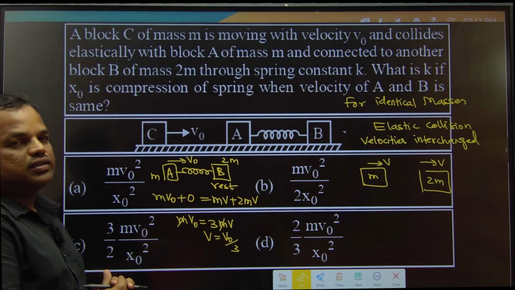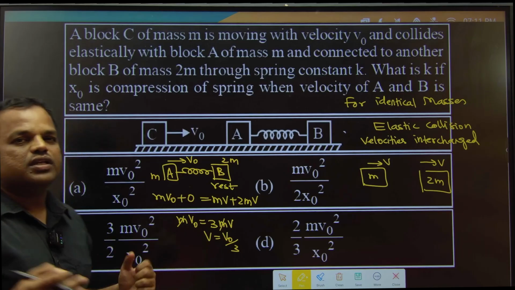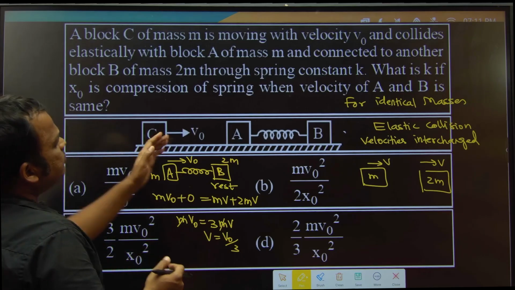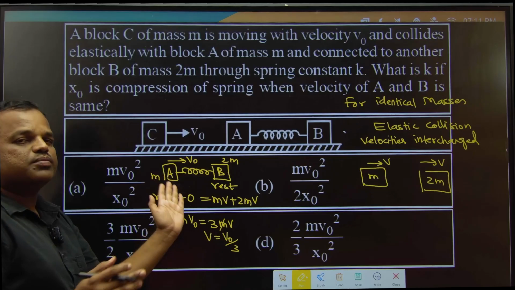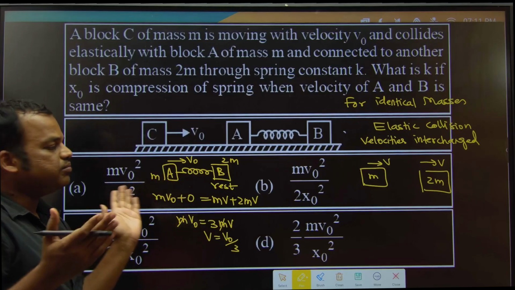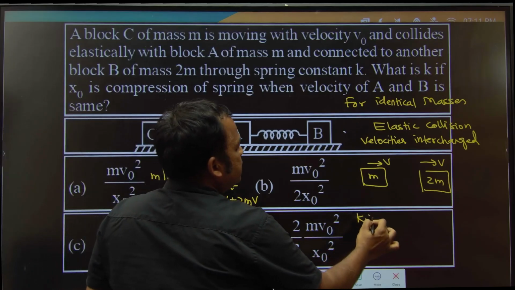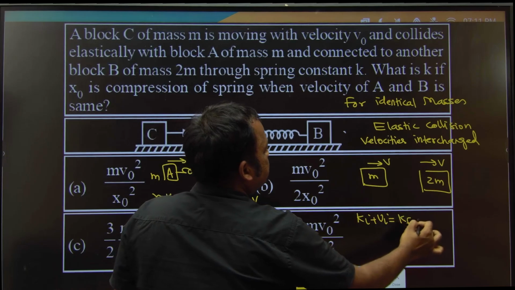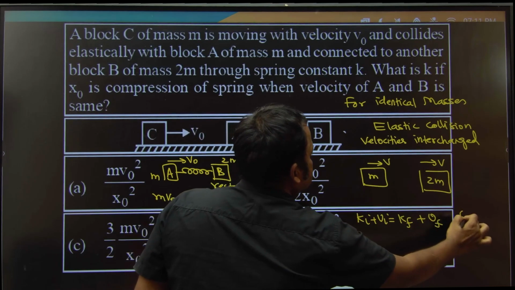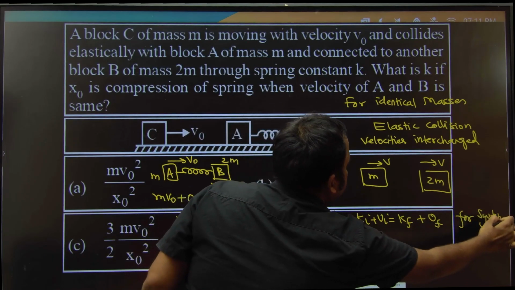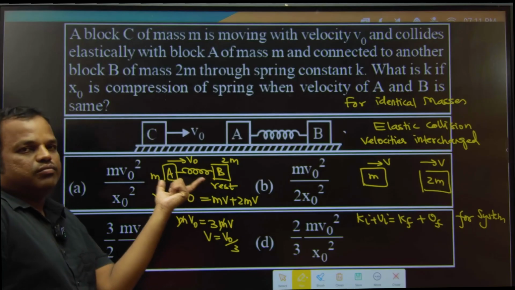Now we will use energy conservation. Initial kinetic energy plus potential energy is equal to final kinetic energy plus potential energy, for the system of these two blocks.